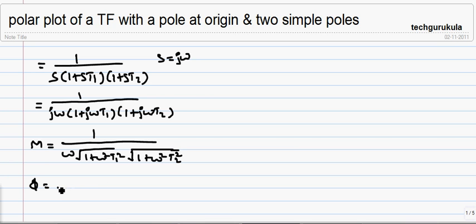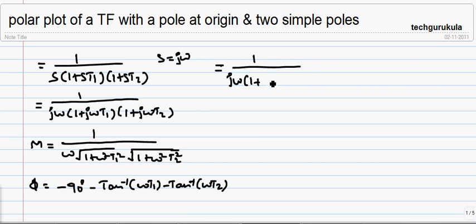Okay. And the phase angle will be minus 90 degrees minus tan inverse of omega T1 minus tan inverse of omega T2. Okay. We can write this in complex form too. If you write this in complex form, this equation will look like this.